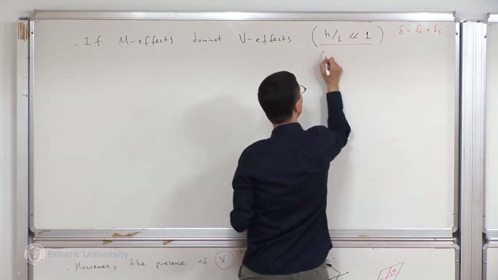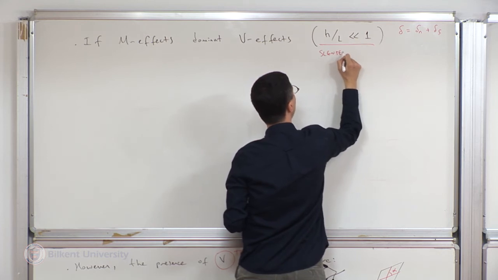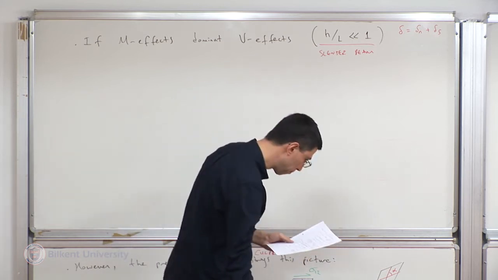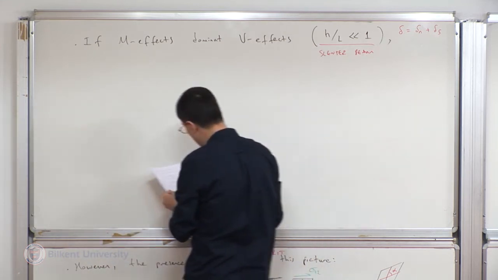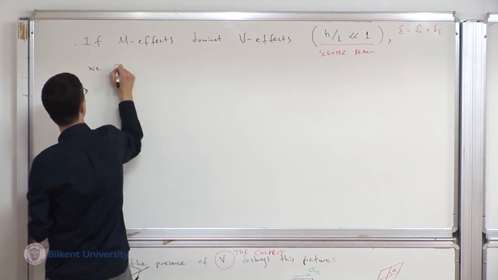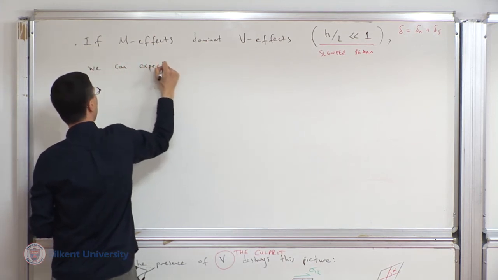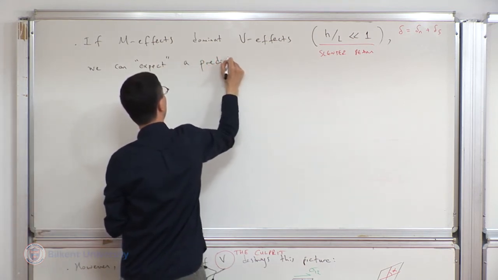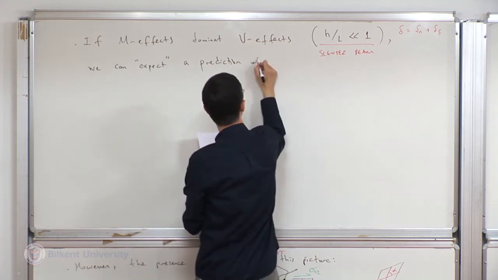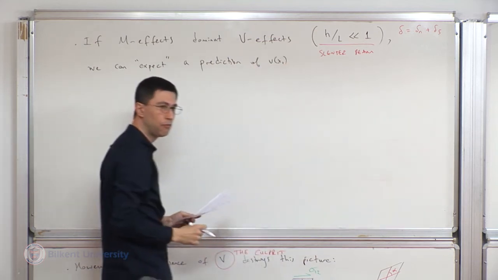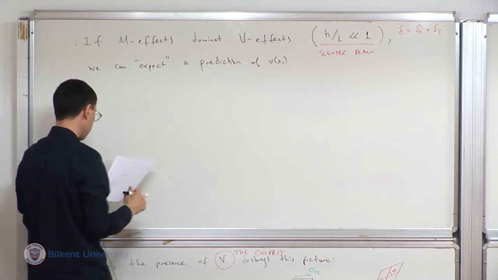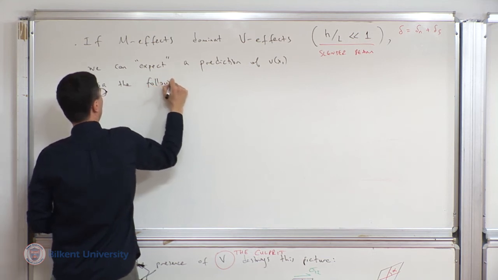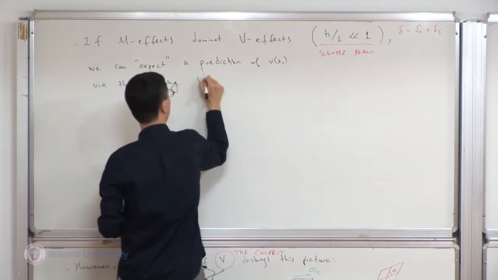And this is the condition that is referred to classically as a slender beam. So it's thin and long. Okay? That's what slender beam means. So for a slender beam, therefore, and I will reinforce those expectations again and again, we can expect a prediction of V of x1, the deflection of the neutral axis, through this solution diagram.